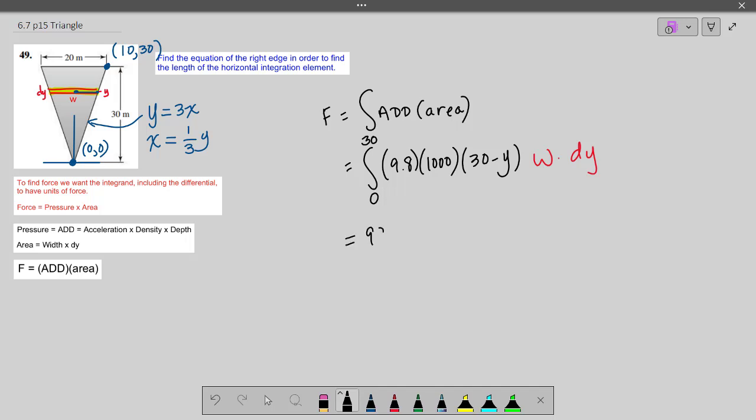That's all we have to do. So our next step here, we'll have our 9800, 0 to 30. We'll have 30 minus y. And then 1/3 y. And we have to double it. So all that right there is w.